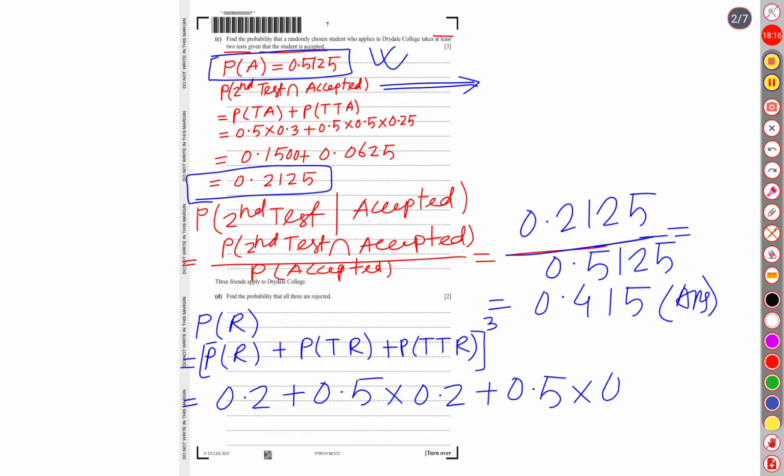Second one was also 0.5, that means retest. Third time he was rejected, and the possibility of being rejected for the third time it was 0.75, because acceptability was 0.25, 0.75. Now if we sum up this, let us do this calculation.